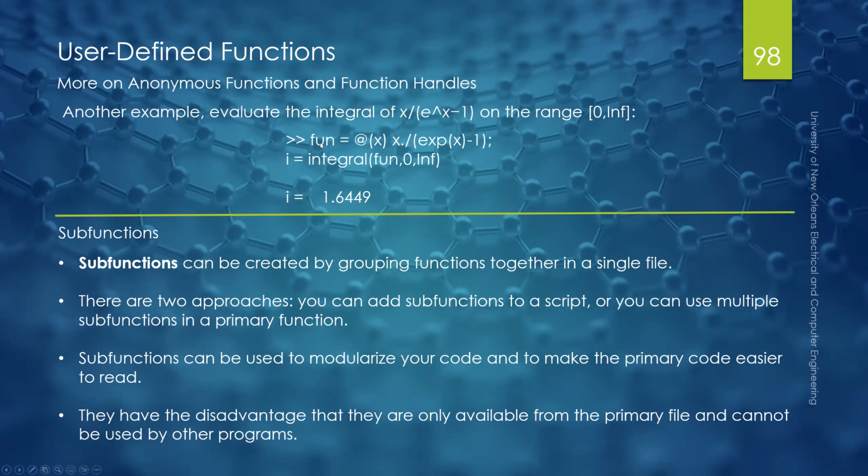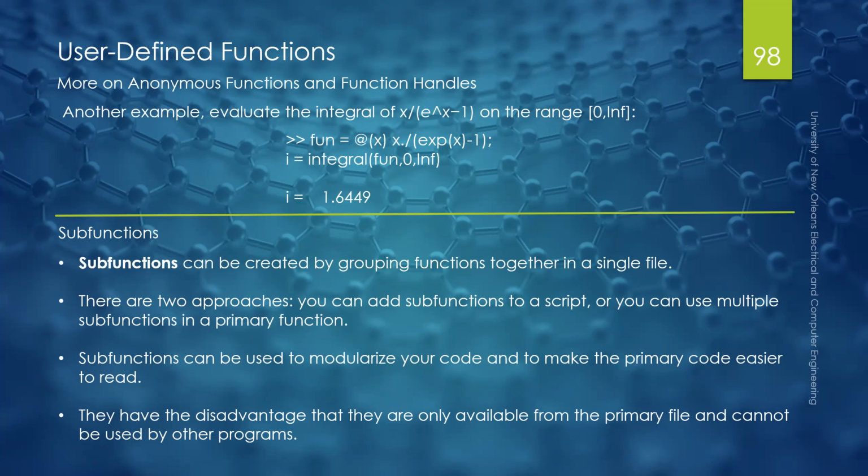So in this case, we have this anonymous function fun, with the @ symbol. It takes on the one variable x and is defined as x divided by the exponent of x, or e to the x minus 1, using the function exp to represent the e to the x function.